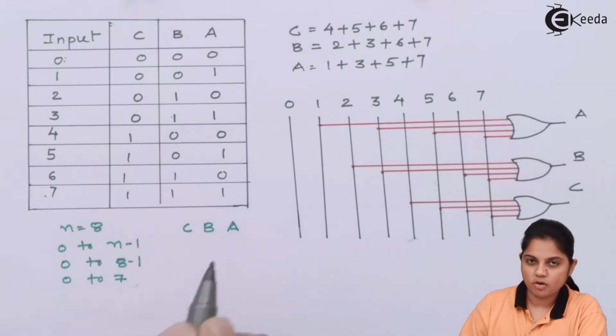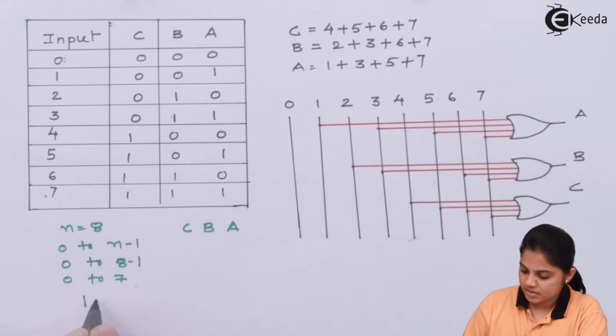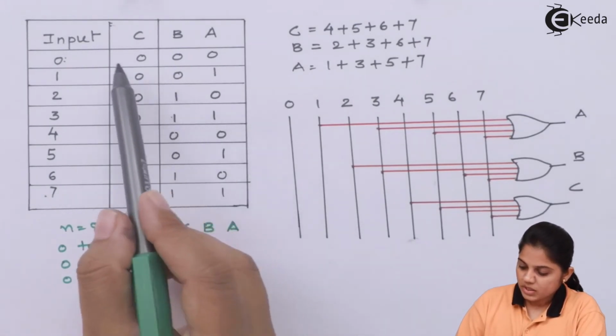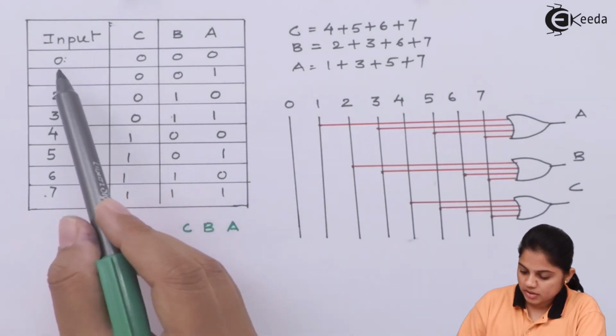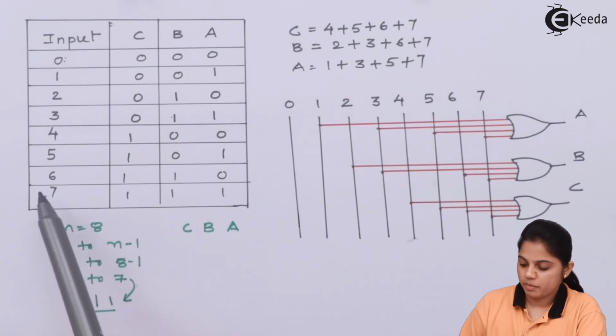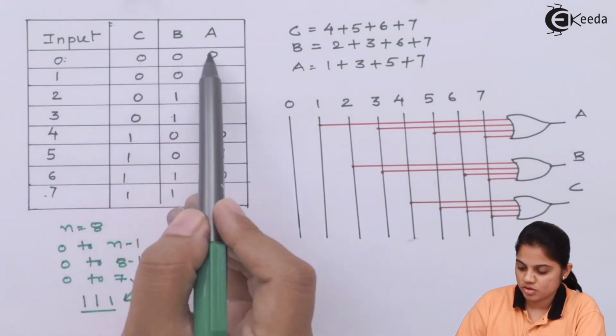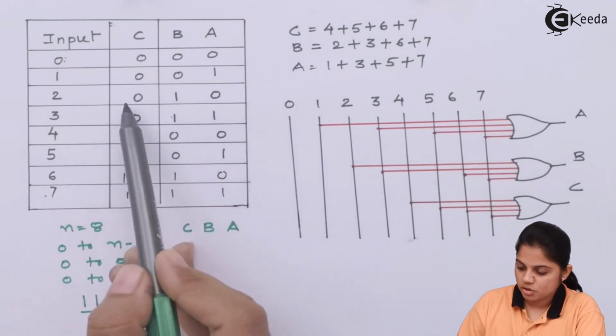Now we have 3 outputs because 7 can be represented by 111. This is nothing but the binary format of decimal 7. So here again we have to write all the decimal numbers and the binary format of those decimal numbers. So 0 is represented by 000, 001, 010.